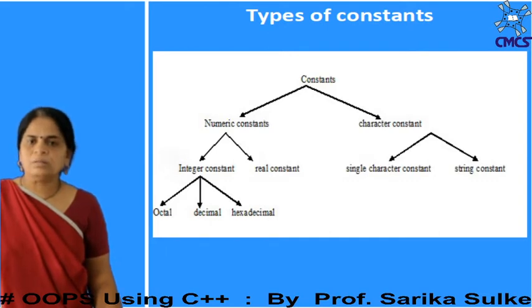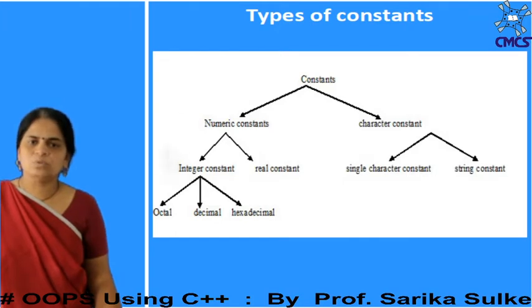In octal, there are 8 digits, 0 to 7. In decimal integer constants, there are 10 digits from 0 to 9. And in hexadecimal, there are 16 digits from 0 to 9 and from A to F.